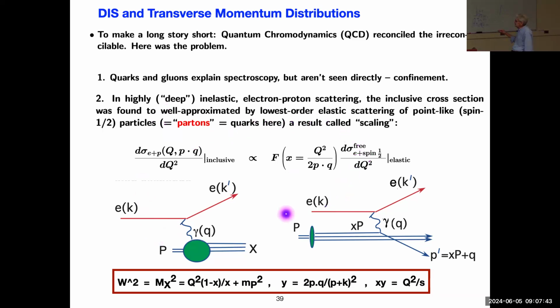So here it is. And most of the equations we're going to look at will be of this schematic form.